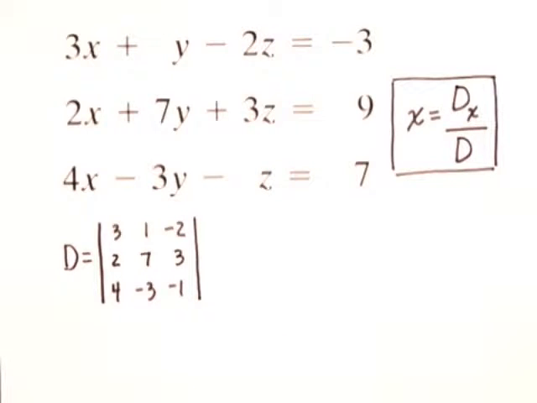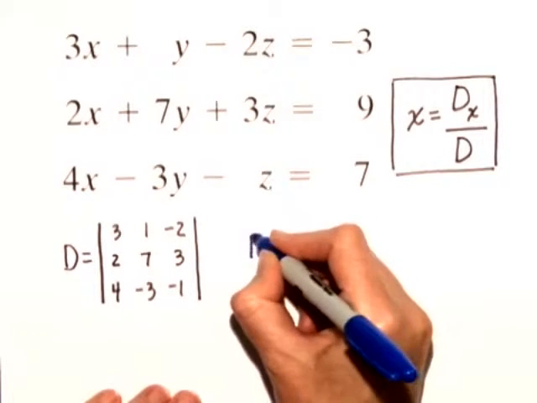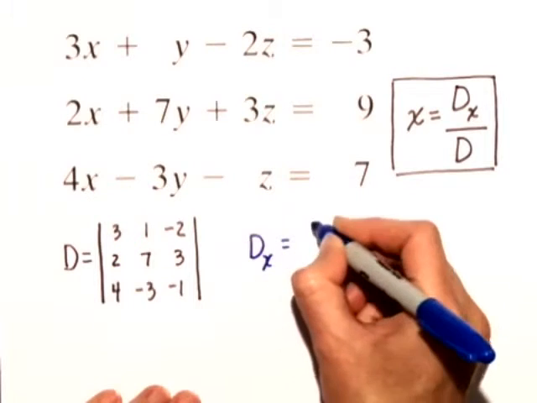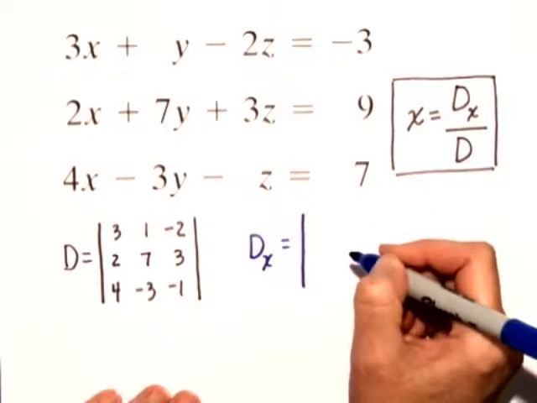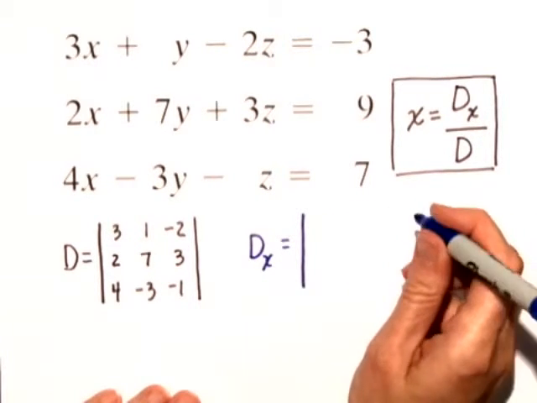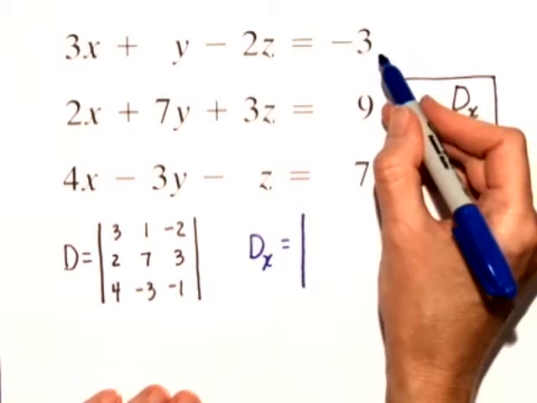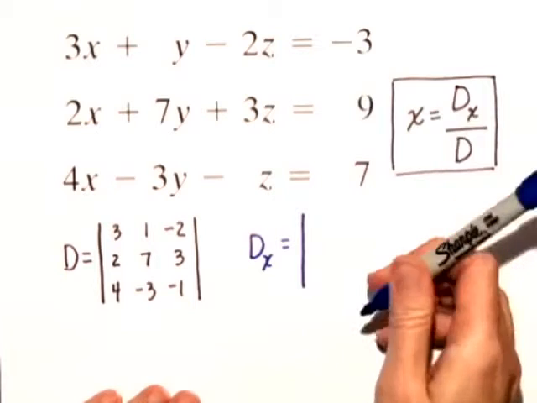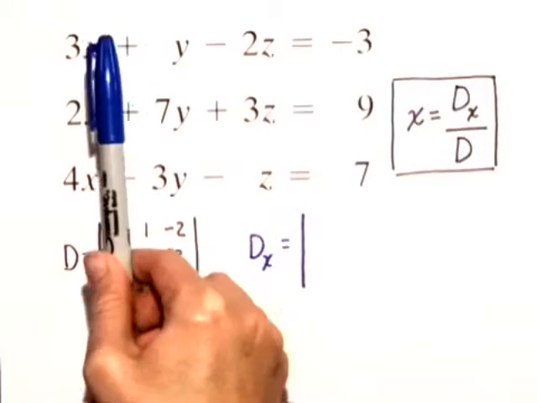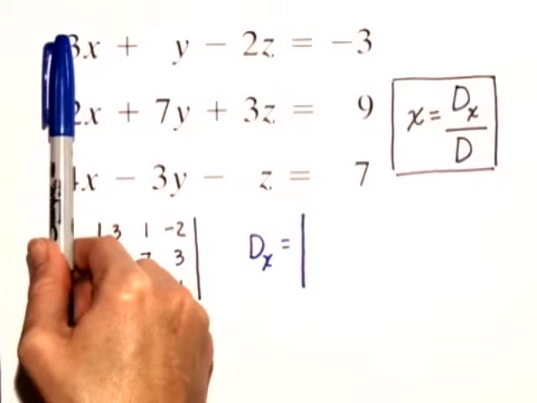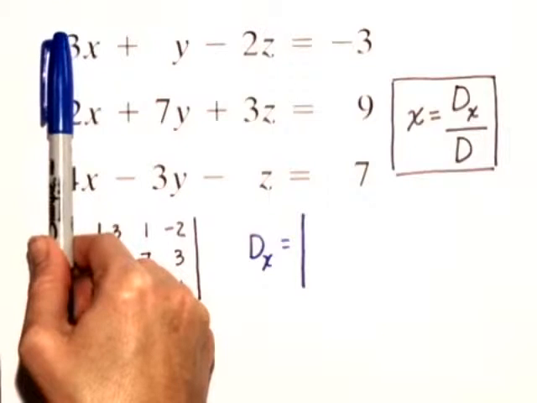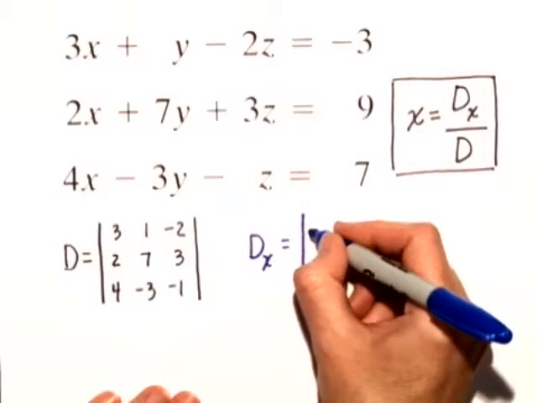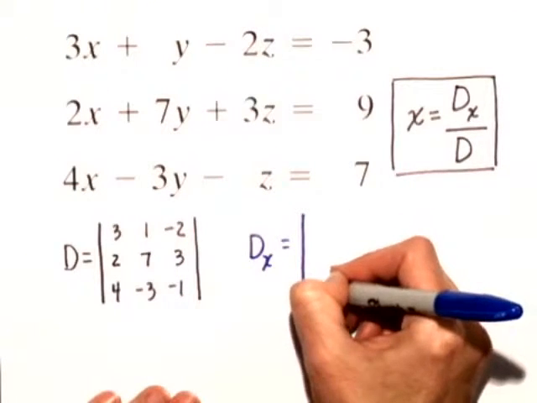D sub x is a little bit different. In order to calculate d sub x, it's again another determinant, but what we need to do is to take these right-hand side constants, negative 3, 9, and 7, and replace the coefficients for x on the left-hand side. So they'll go in the first column where the x coefficients were.